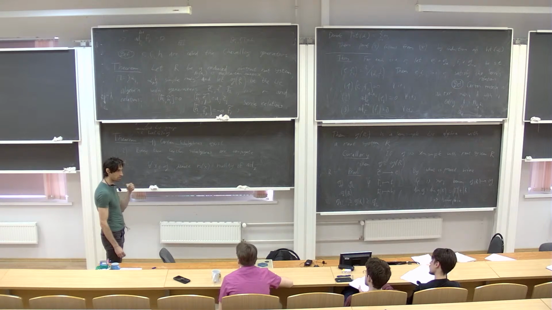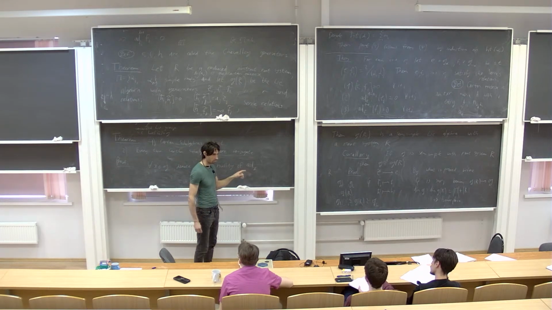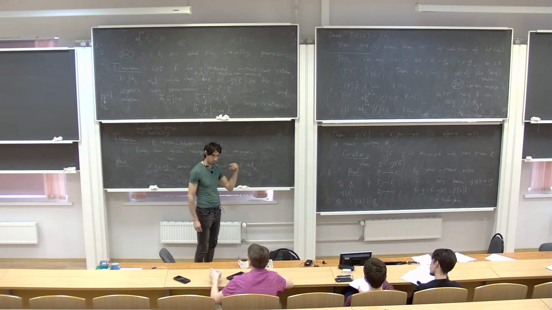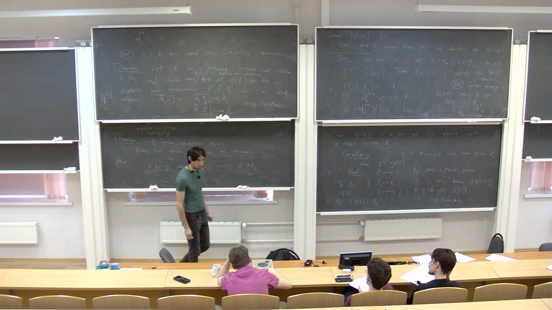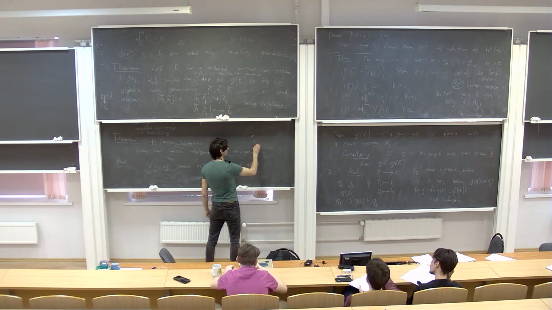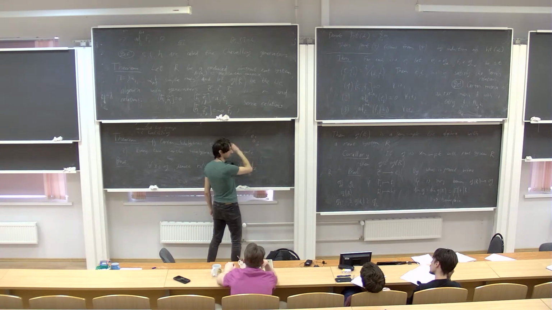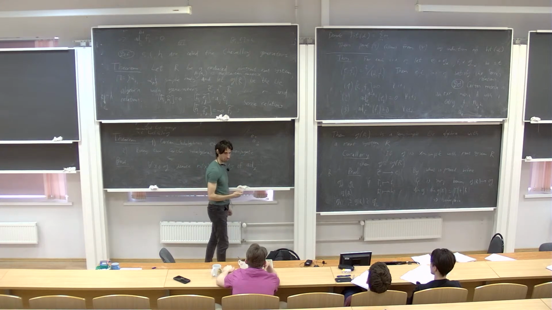So it's not only the kernel, but also things that become kernel after subsequent action of ad x. I'm including Jordan blocks entirely, not only the beginning of a Jordan block.